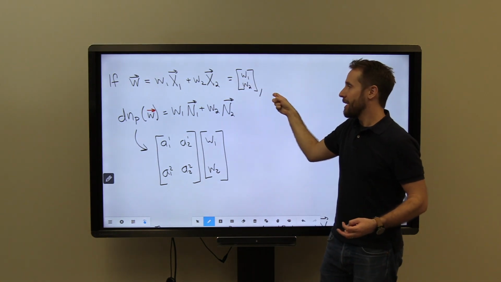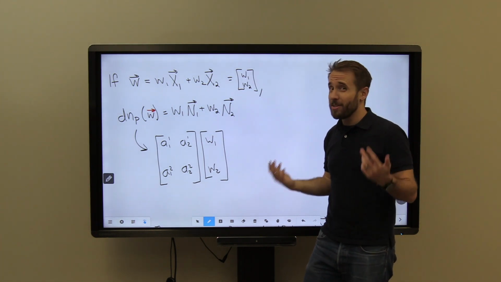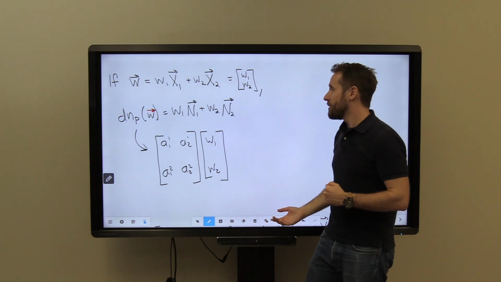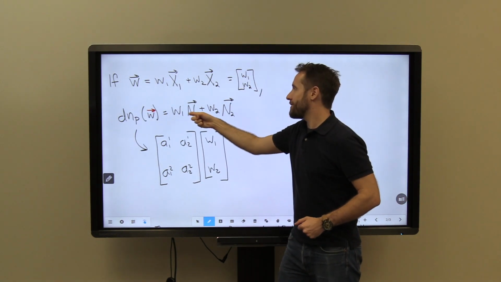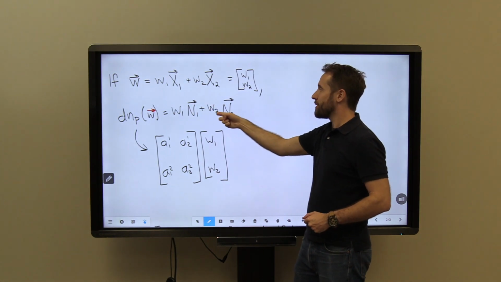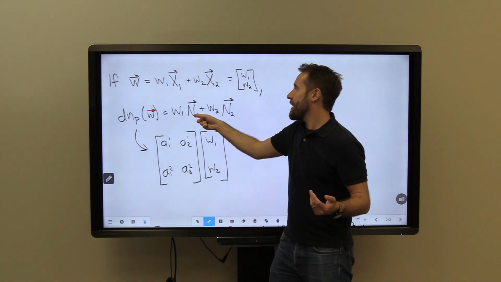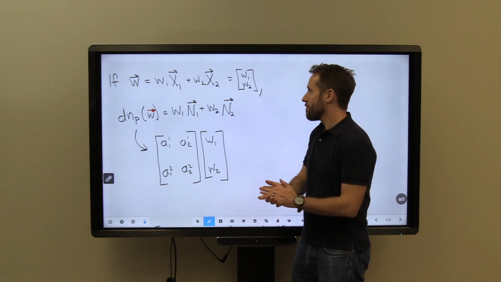And then we know, as one of the two things we know about our differential, that if I plug that vector w into the differential, I get w1 n sub 1 plus w2 n sub 2, because we send x1 to n1 and x2 to n2, and because this differential is linear.